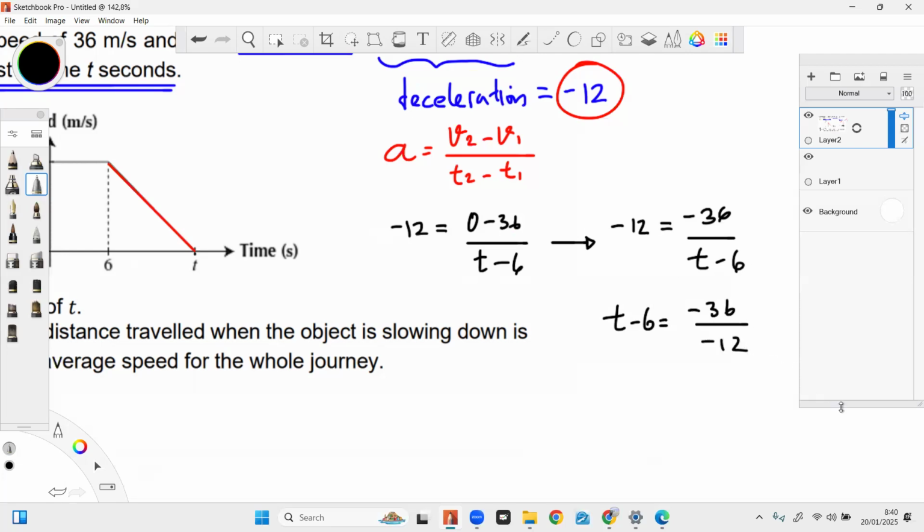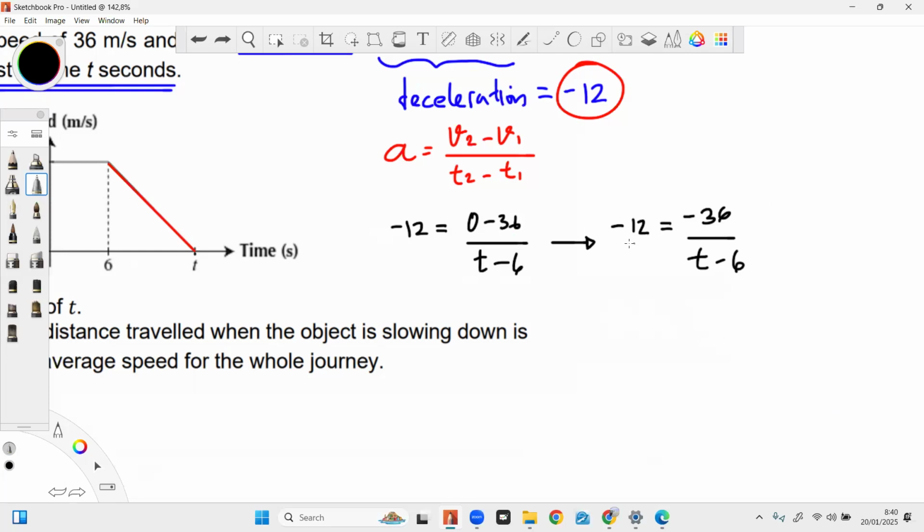Or if you insist on the cross multiplication, why not? Or you can multiply everything by t minus 6. That's what I usually do. Cross multiply is the shortcut actually, but this is the concept of how cross multiplication works.